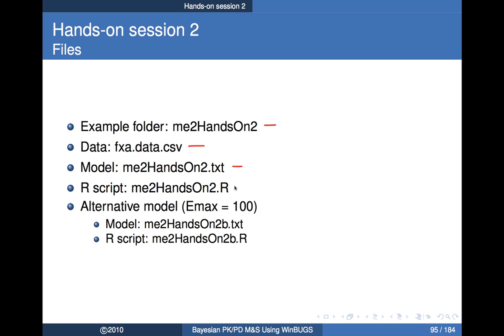There's a model and an R script already worked out for you on that. Actually, there's also an alternative model here that we won't worry about right now. It's just basically asking, what would happen if you knew or strongly believed that the Emax was 100? But we'll talk about that one later.